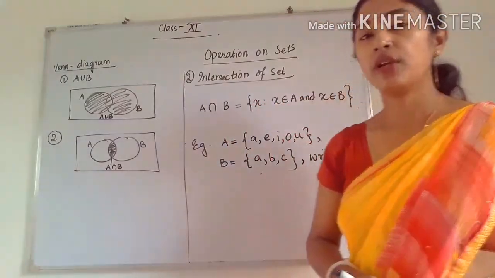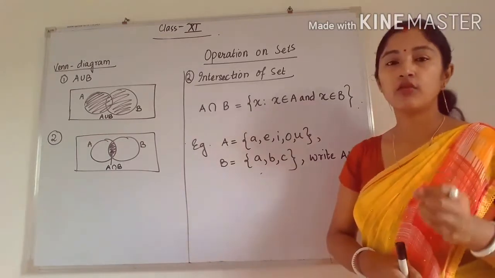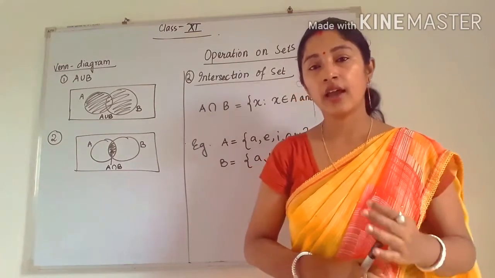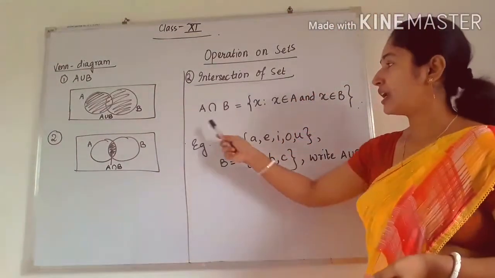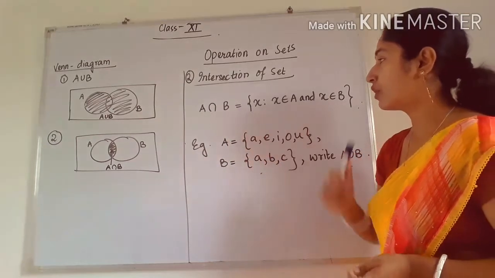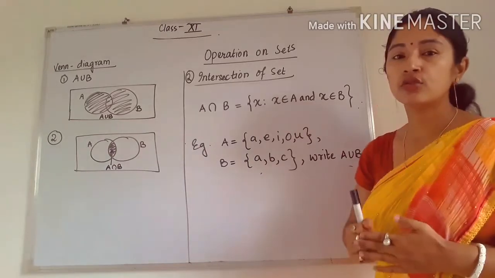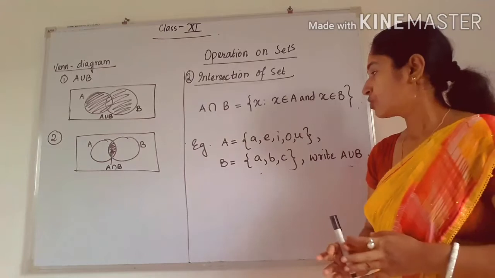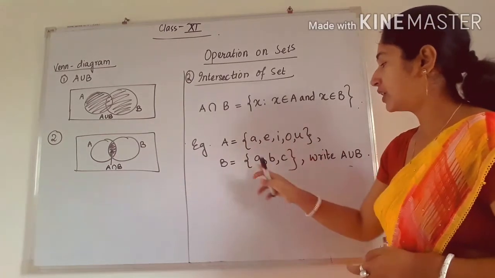The next operation is intersection of sets. In intersection of sets, you have to write the elements which are present in both A and B. In set builder form we write A intersection B is equal to the set of all x such that x belongs to A and x belongs to B. So the element should be present in both A and B. For example, A contains these elements and B contains these elements.